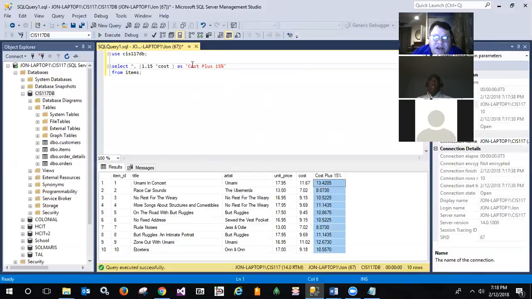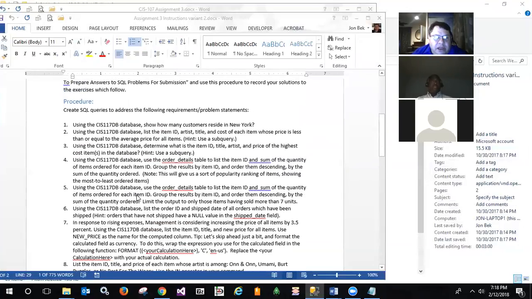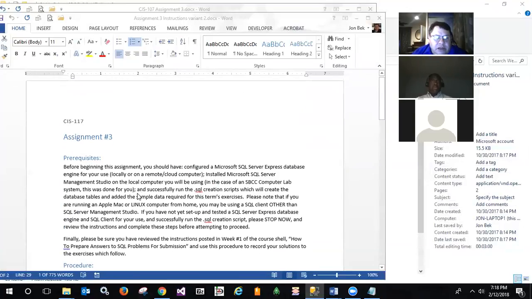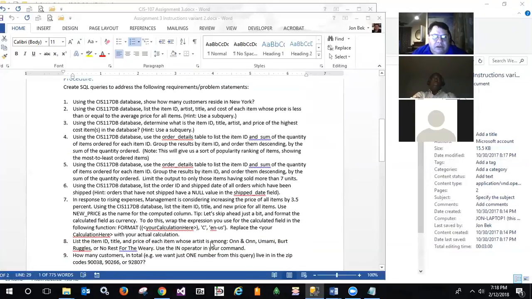Now we need to get at Casey's problem. We need this expression to be formatted for currency. Let's take a look back. Did we have any kind of clue in this assignment for formatting for currency? Okay, and calculated field in the following functions, format your calculation here as C for currency, EN-US.